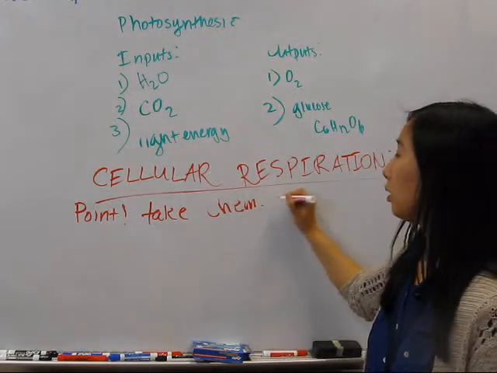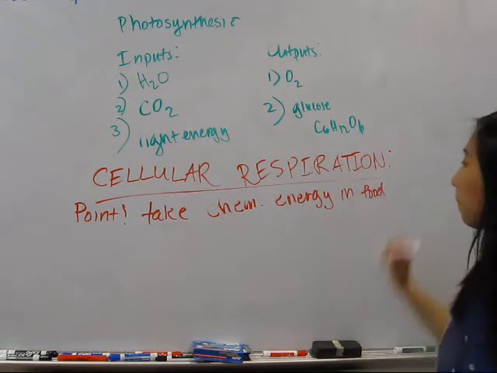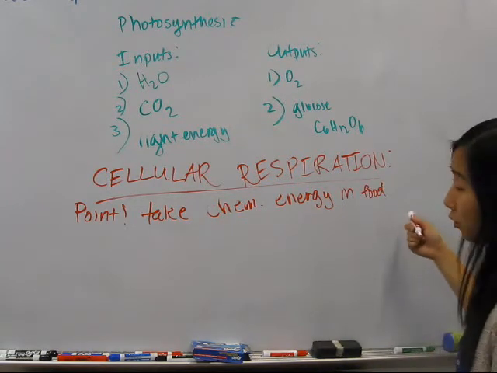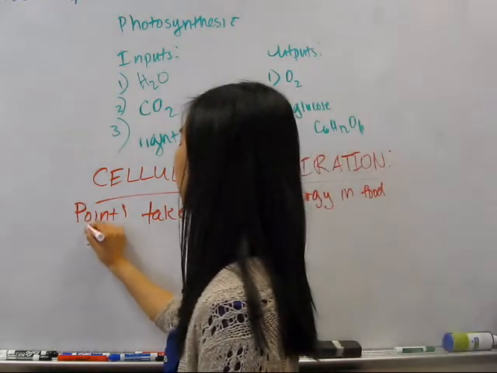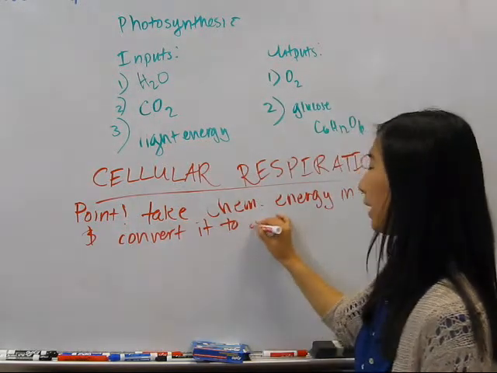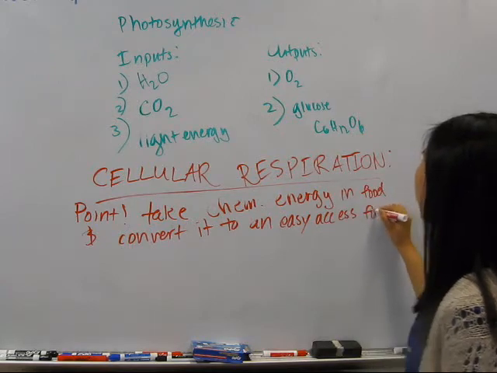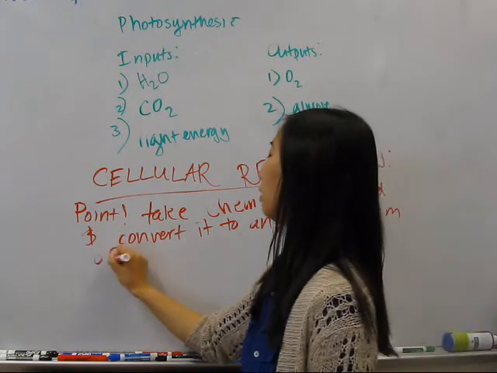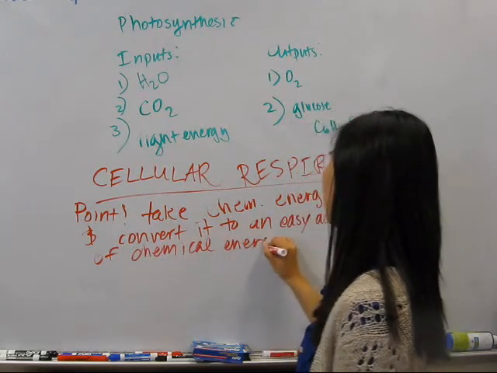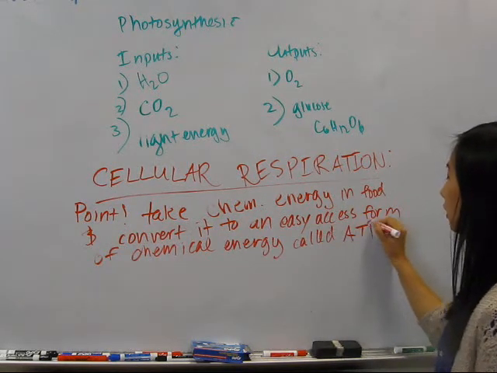the chemical energy in food, all right? We're going to use glucose as an example today. Take the chemical energy in food and convert it to an easy access form of chemical energy called ATP.